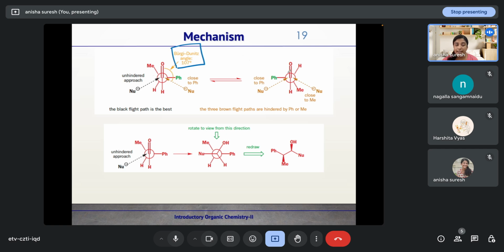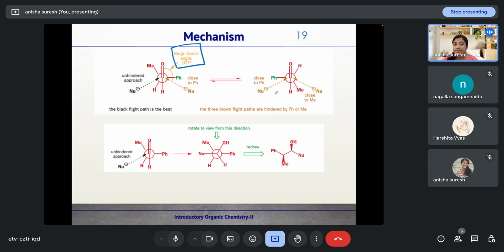When we rotate it and have this structure, the largest group should come perpendicular to the carbonyl. So the largest group is pH, so it should come perpendicular to the carbonyl. We will take such a structure for considering the attack. When we rotate this to this side and the pH is coming perpendicular to the carbonyl, if it is attacking here, it is close to the pH, and on this side it is close to Me.